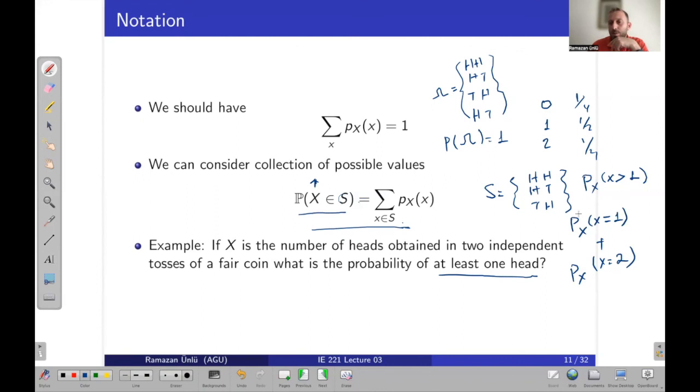So what was the probability of this one? It's 1/2, right? And what was the probability of this one? 1/4, and that will give us 3/4.